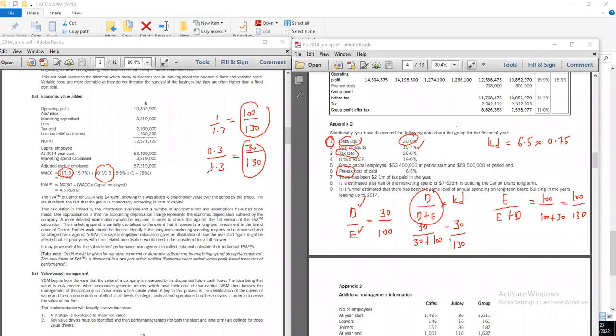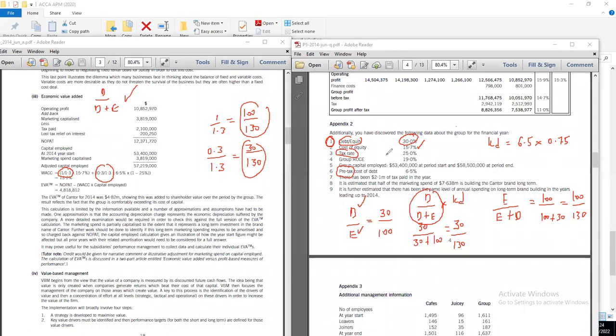One thing I like about this question is how to understand the capital structure. This is one question where the capital structure was a bit tricky. If D over D plus E is already given, then there's no problem.